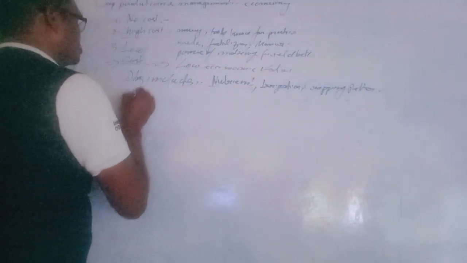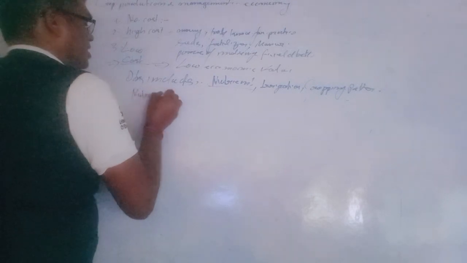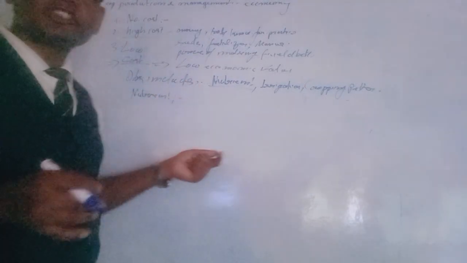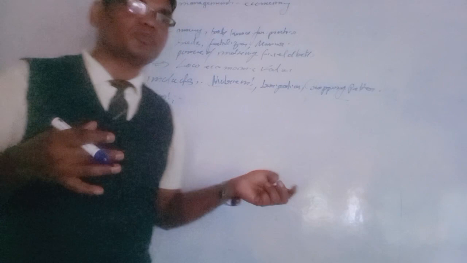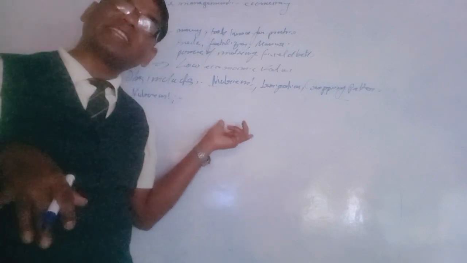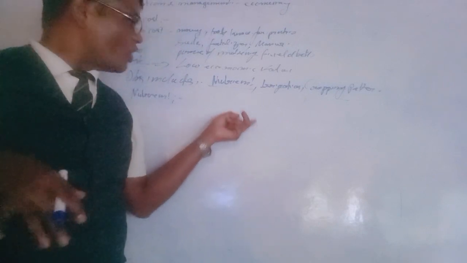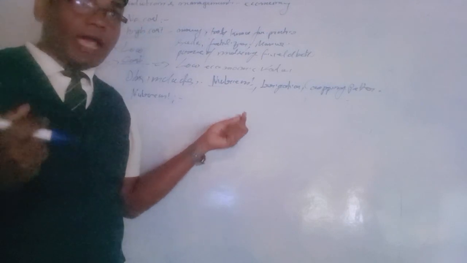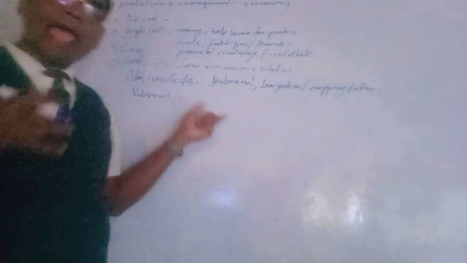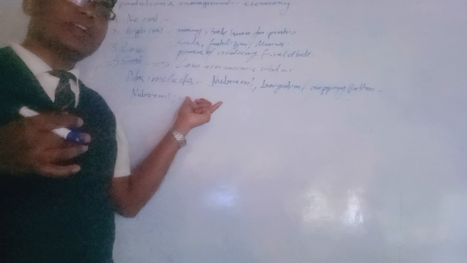So first of all, we will take the nutrients. What are nutrients? Nutrients are generally those inorganic substances which are required by the plant for growth and development, and for better quality, high yielding, and high productions. That is what is called nutrients.